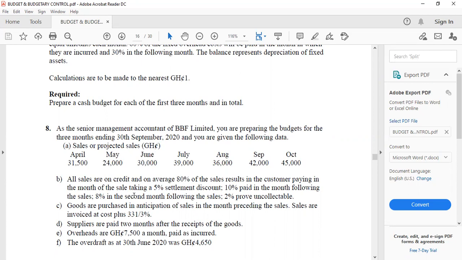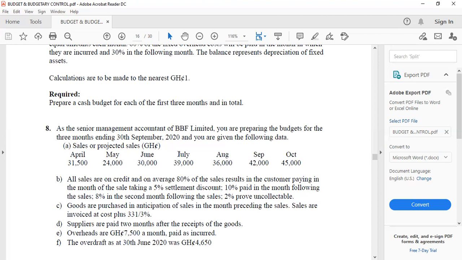All sales are on credit. 80% of the sales result in the customer paying in the month of sale, taking a 5% settlement discount. Okay, 75%? You take what? No, it's rather 93.